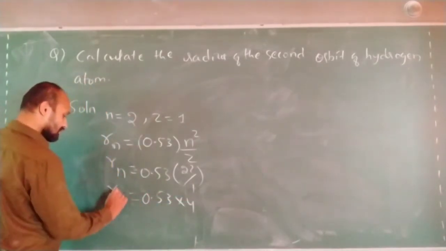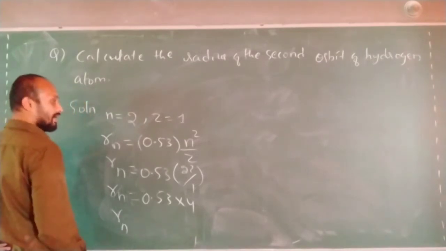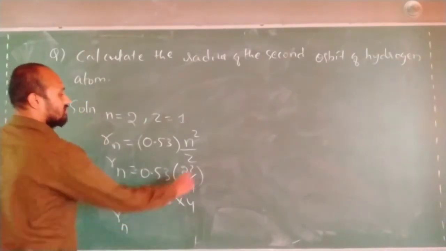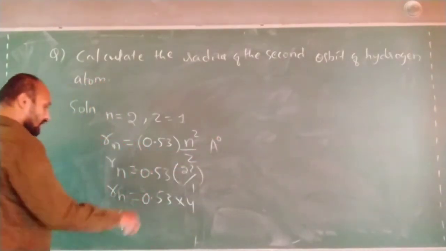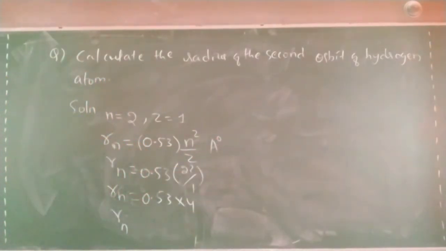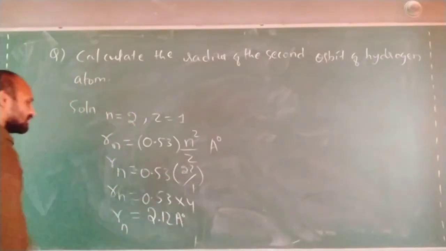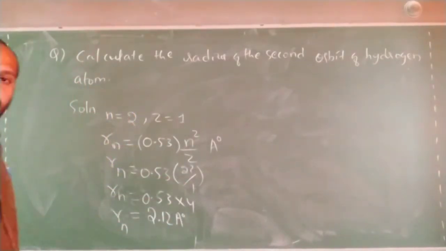So Rn in angstrom will be 4 threes are 12, 2.12. So the answer is 2.12. Just solve it like this in competitive exams. Correct? This is one very simple question.